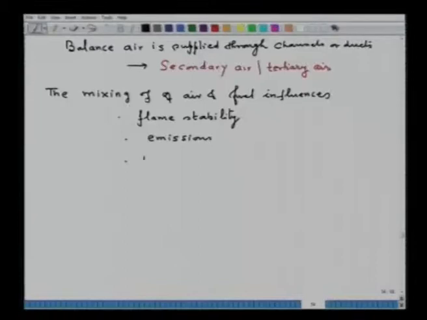Accordingly, the incomplete combustion products will also be there, and the thermal release profile.